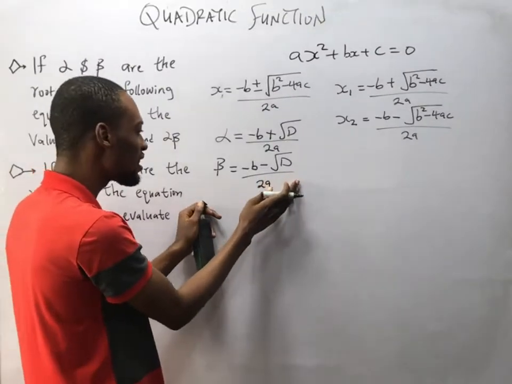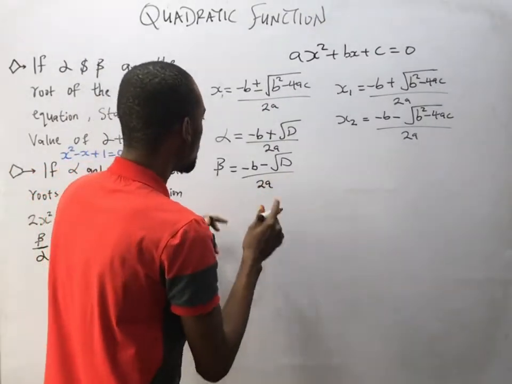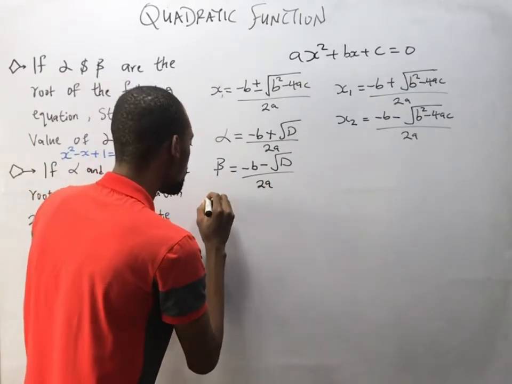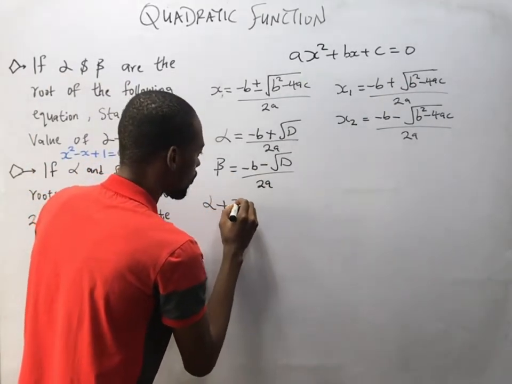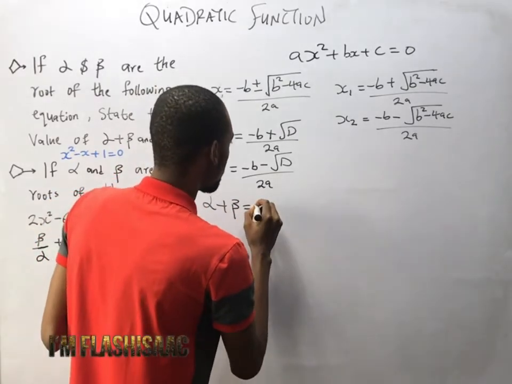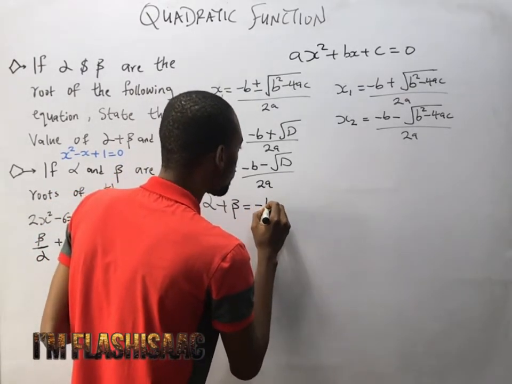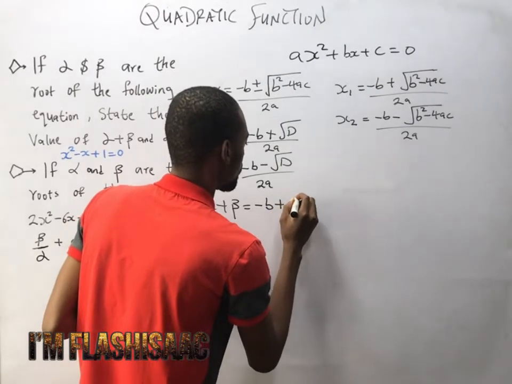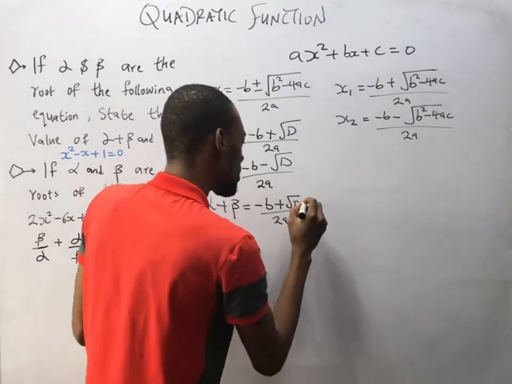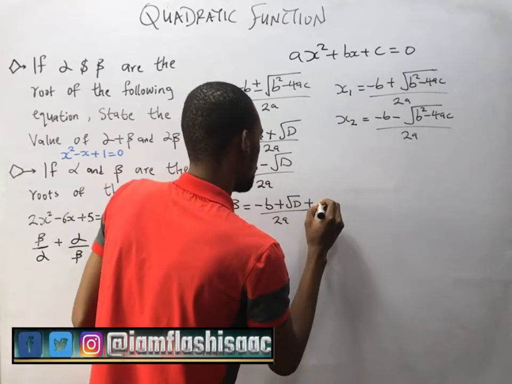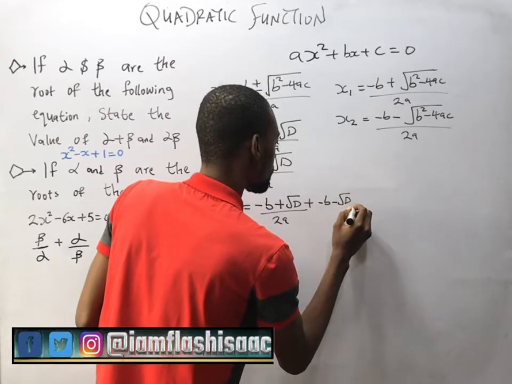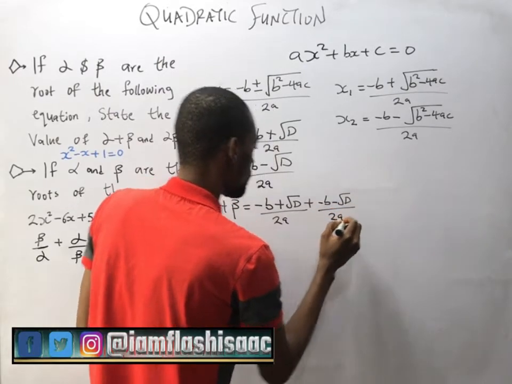If you agree with this, now take a look at this. Alpha plus beta will simply equal minus b plus root d over 2a plus minus b minus square root of d all over 2a.